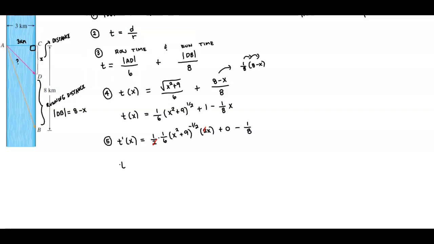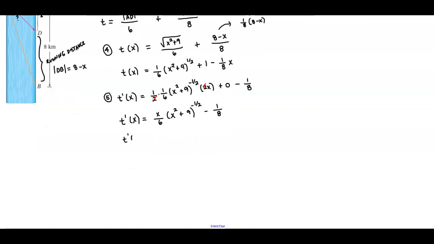So therefore, T prime of x is going to equal, so far, x over 6 times (x squared plus 9) to the negative 1/2, minus 1/8. Let's just write this where it is T prime of x, which has x in the numerator, and it's going to be 6 times the square root of x squared plus 9, minus 1/8.